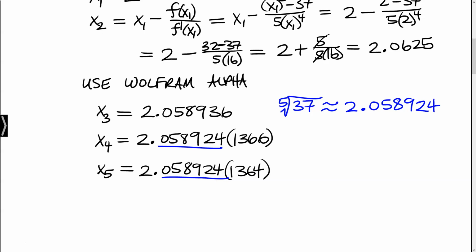Now, if you were studying this more rigorously, or you're really getting into what's going on here, there's a class for that. It's called numerical analysis. It's usually what you would take as an upper division class if you're a math or science or computer science major. And in that case, you would study the rate of convergence. And it turns out that Newton's method actually has a pretty good rate of convergence.